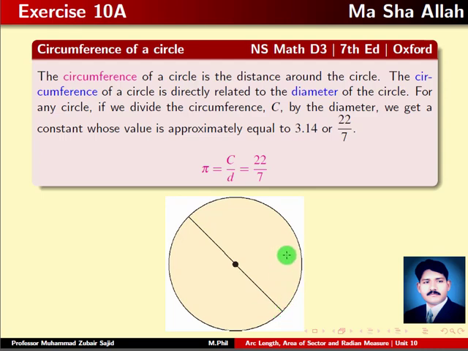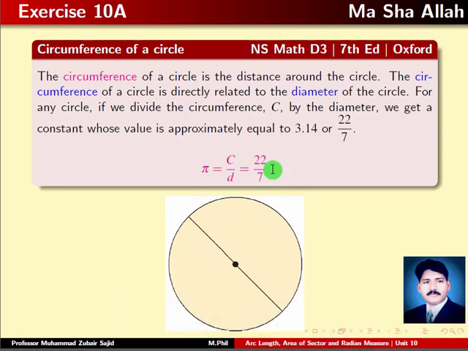If a circle has a circumference C and diameter D, then C over D is a constant which is equal to pi, which is equal to 22 by 7.